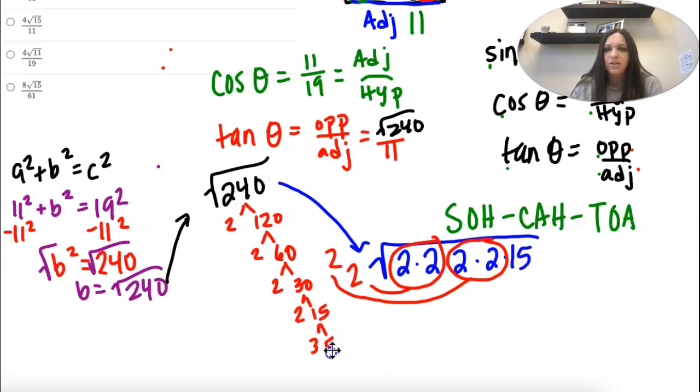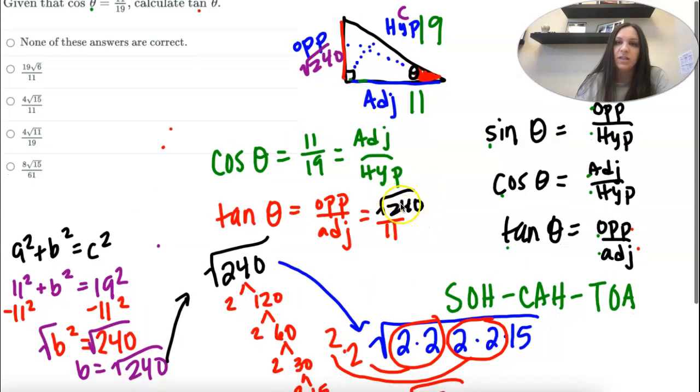Because 15 is just 3 and 5, right? There's not a pair of numbers there. So you could do 3 and 5, but they're going to be stuck under the square root. So now on the outside, I have a 2 times 2. And then on the inside, I have a 3 times 5, which is 15. So 2 times 2 is 4, and then the square root of 15 stays.